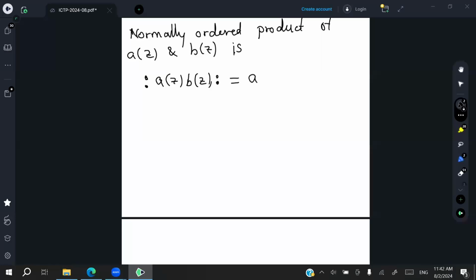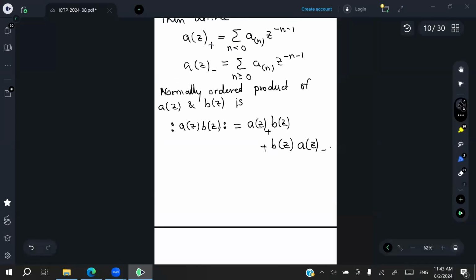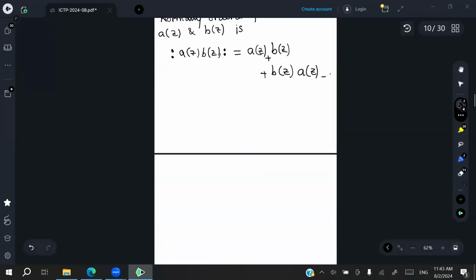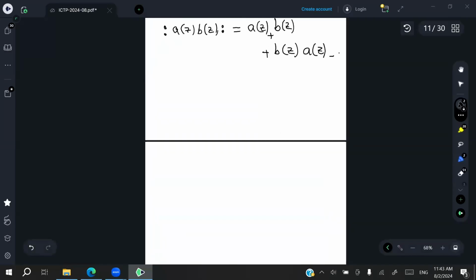So this is A of z plus b of z plus b of z a of z minus. Okay, so it's a weird thing to do, but it is what it is. So we take the quantum field a of z, split it in half, positive and negative parts, and we move the negative part to the right. That is, we move the a sub n, where n greater than 0, to the right. Okay. Now, I'll leave it to you to check the following.